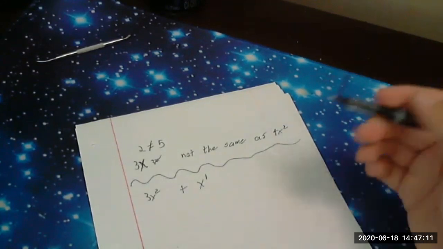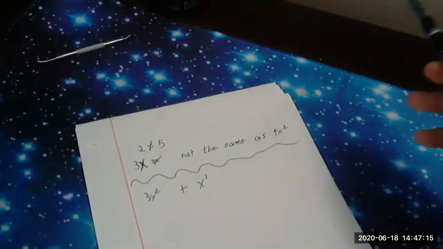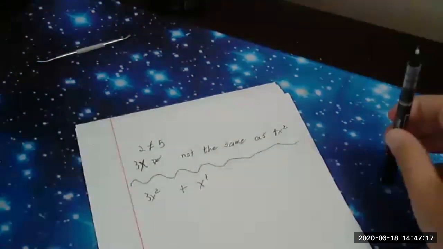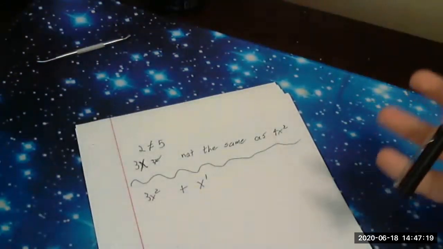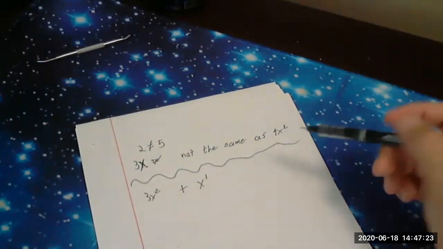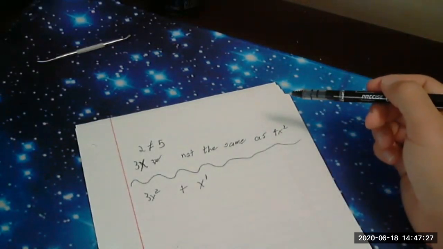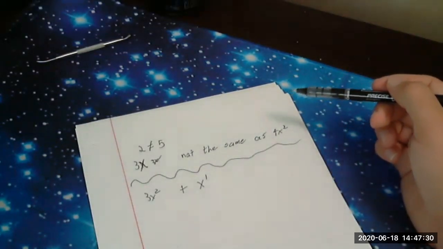I guess combining like terms, it's only one x, an x to the first, and there's an x squared. That's exactly right. This is where we get into combining like terms. And that's what the first section is about, understanding what makes things like each other.